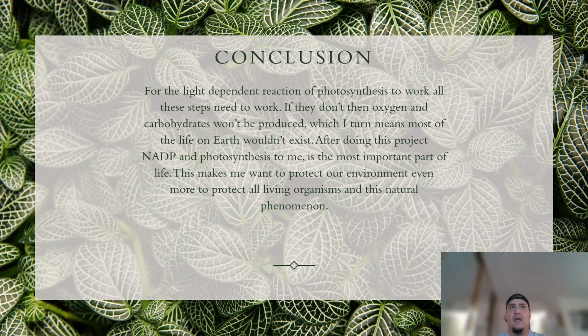If they don't, then the oxygen and carbohydrates won't be produced. In turn, it means most of life on Earth wouldn't exist. That might sound extreme, but that's my view, because those are the two vital parts of living organisms on Earth: oxygen and carbohydrates for energy.